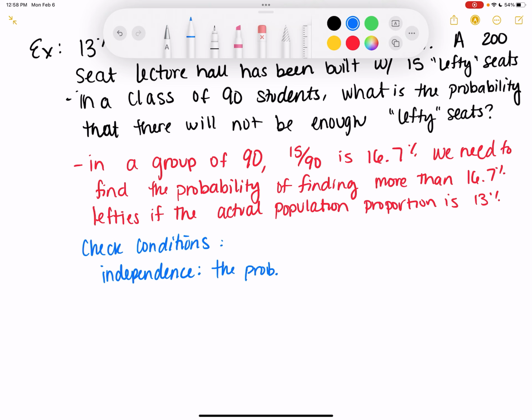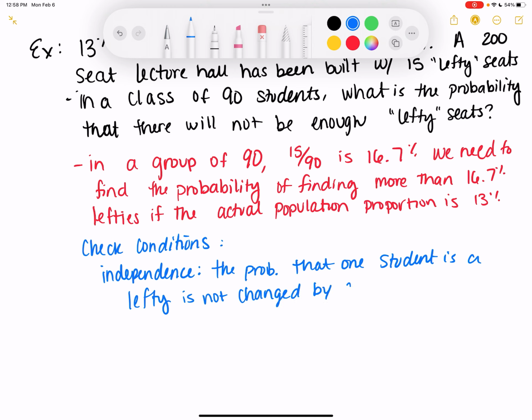So the probability that one student is a lefty is not changed by another student's left or right-handedness.